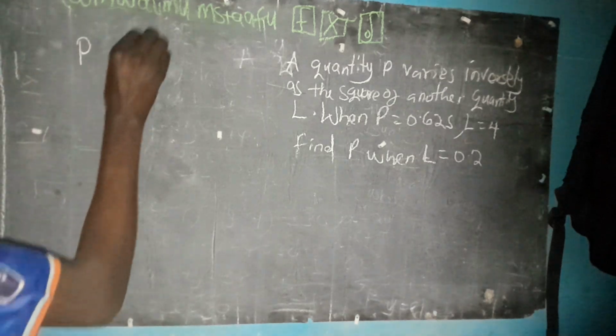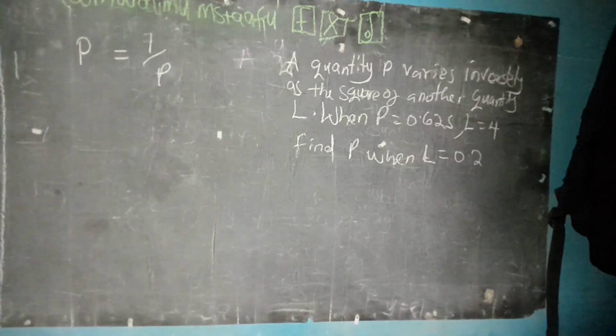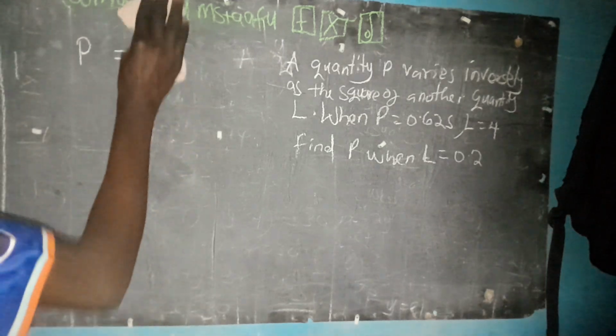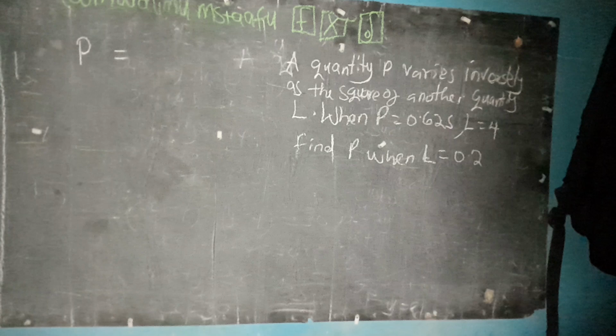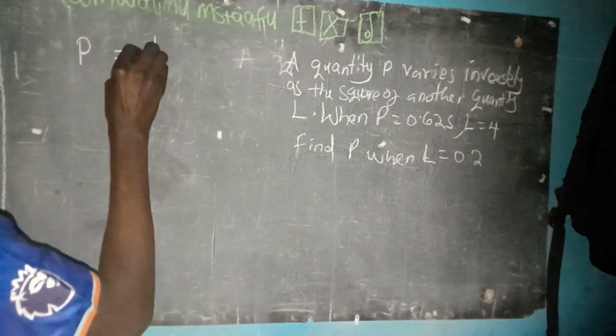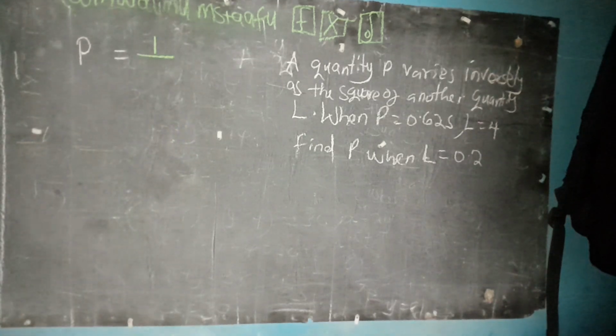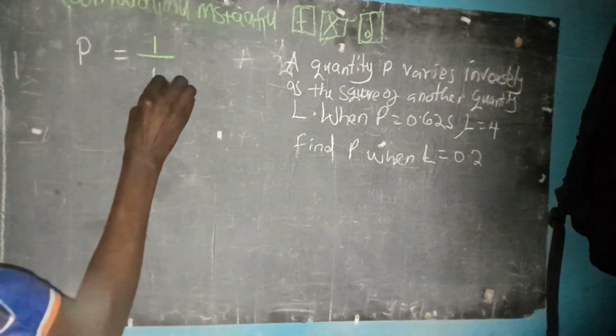Inverse of P is just 1 over P. So we are being told that P varies inversely as the square of another quantity, and the quantity is L. So if P varies inversely, P is equivalent to 1 over L. But L is not just L, it is L squared.